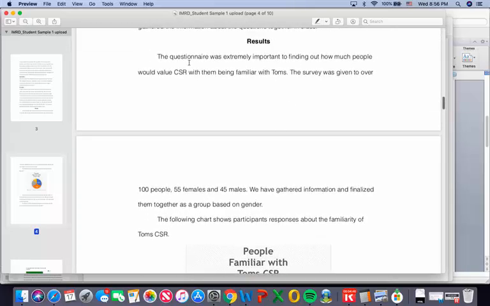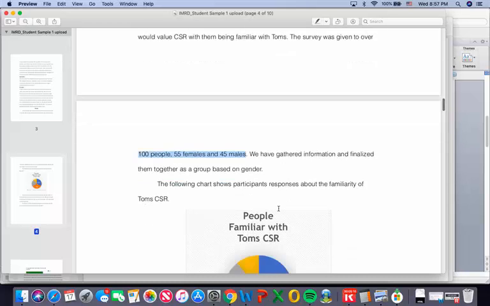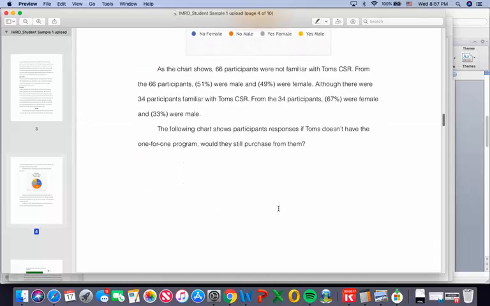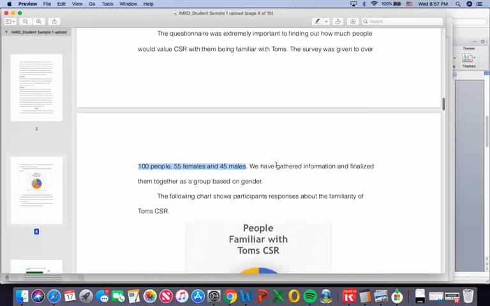And the introduction at the beginning integrates their hypothesis, and also gives the numbers for the participants. One of the breakdowns here is by gender, one of the breakdowns for the demographics. So you can see that's what they've done in the introduction paragraph.